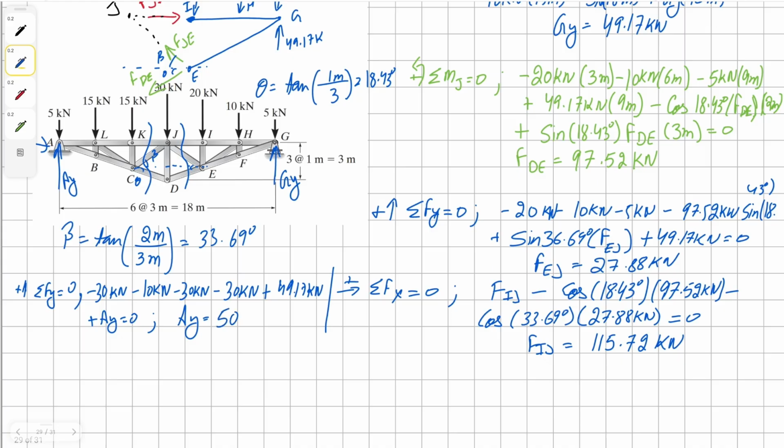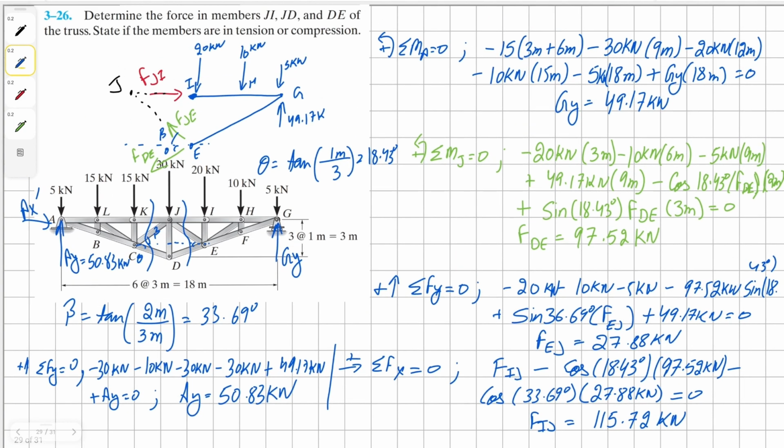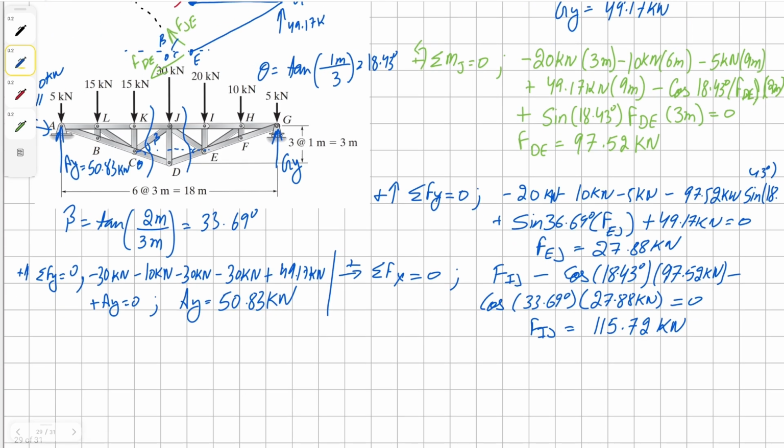Solving for AY, we get a solution as 50.83 kilonewton. And we know our AX is going to be 0 because when we do visual inspection, there isn't any external force acting on this truss.